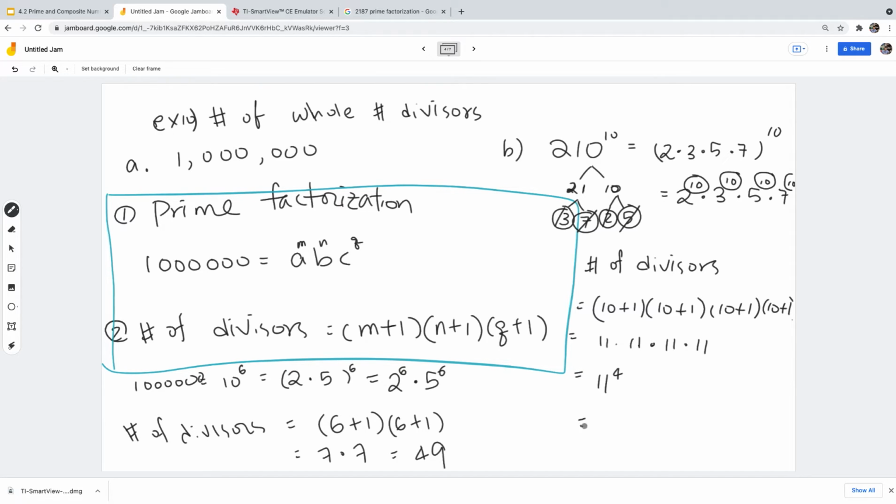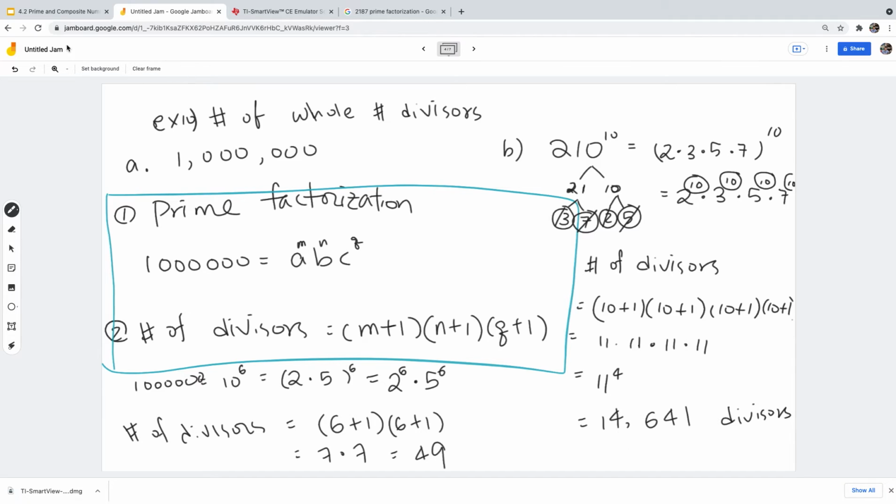So if you use a calculator, what does this say? 11 to the fourth power is 14,641. What's the unit? 14,641 divisors. There are 14,641 divisors for 210 to the 10th power, which is really many, right?